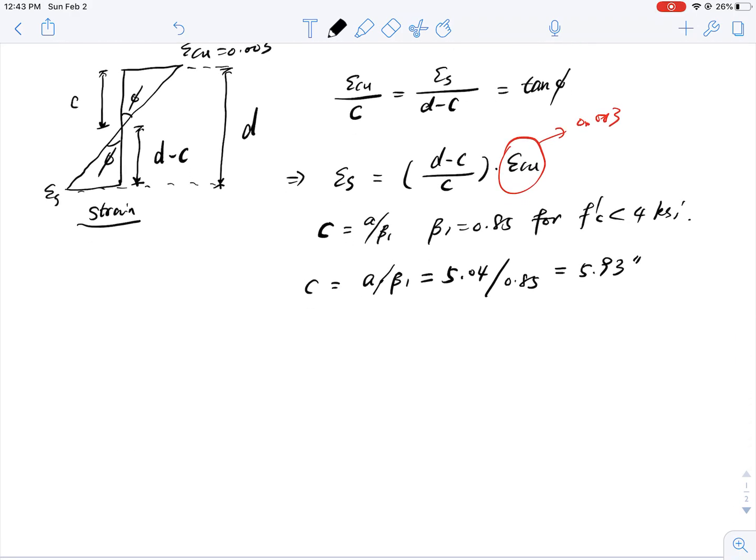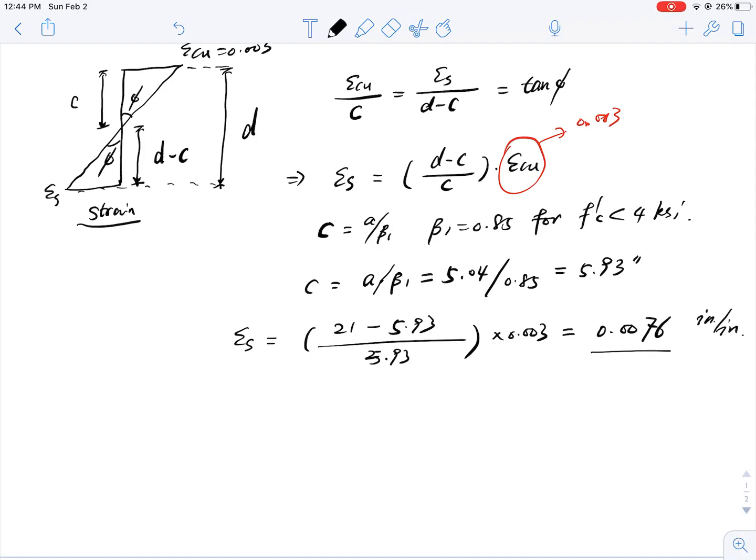Okay, so once I find my compressive zone, I can compute my strain in the steel: epsilon s equals 21, which is d, minus c, which is 5.93, divided by 5.93, and then multiplied by 0.003, and I get 0.0076 inch per inch. This is the strain in the steel, and apparently this one is much larger than 0.00207, the yield strain, so we're okay, and still yielded.